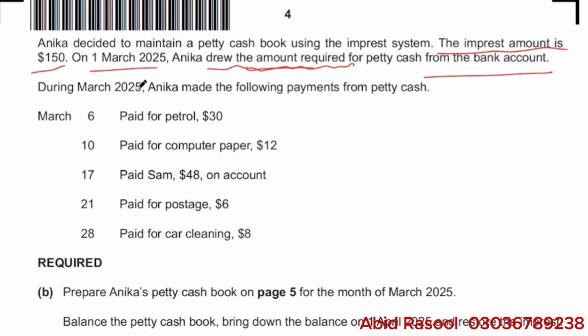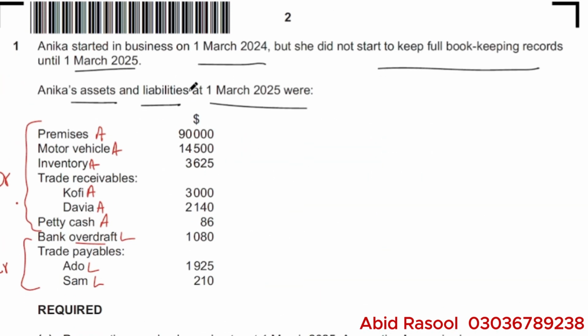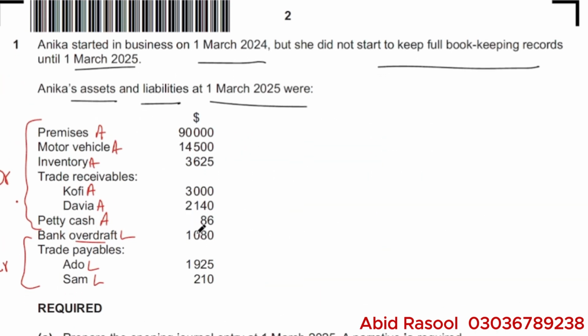Now, this account has a link with the petty cash in part A, in the given data before part A. Here we can see our petty cash has a balance of 86.